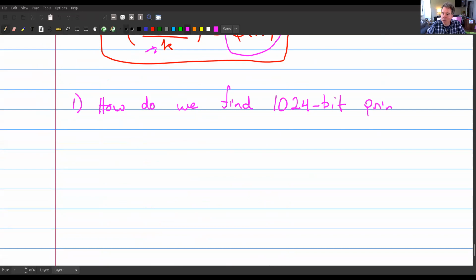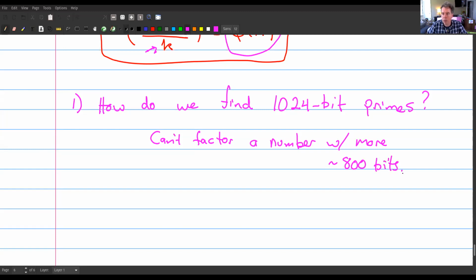Because it seems kind of silly here, since we said earlier that in practice you can't factor a number with more than about, let's say, 800 bits. It takes some explanation, this process where we quickly find P and Q. You can see that it can be done because we just did it using Sage.